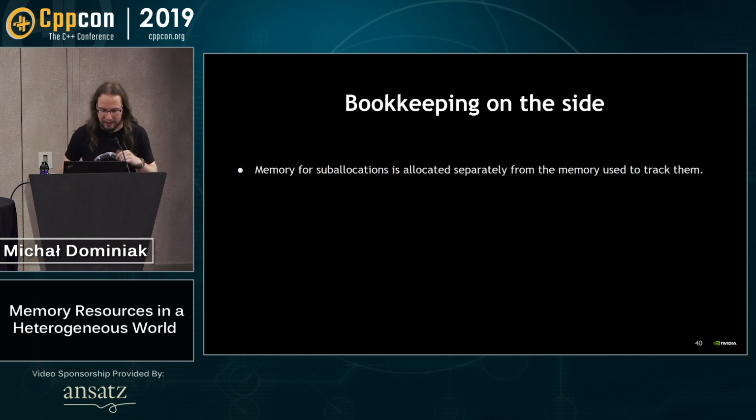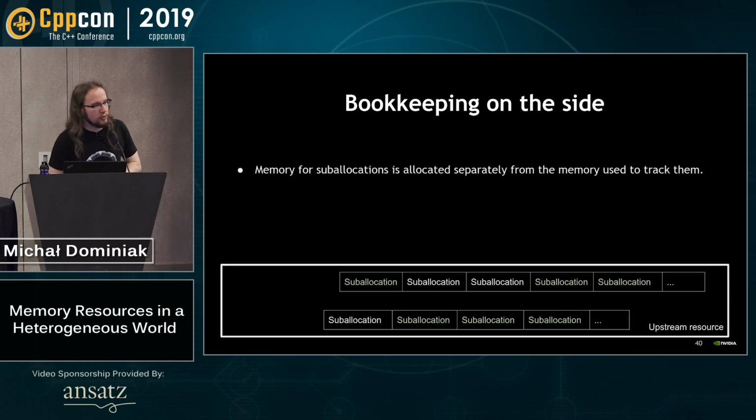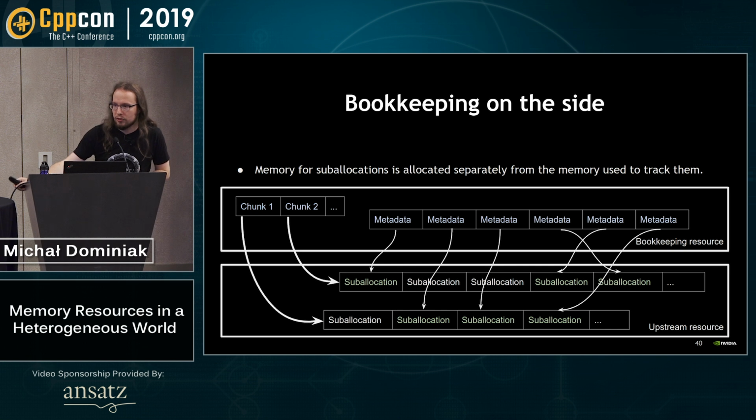That's the basic idea. So you will still have some upstream resource that will give you chunks of memory that you then subdivide and give out to users. But you will also have some other resource which will provide you memory for the actual metadata of the chunks and of the free pieces of memory that you have.